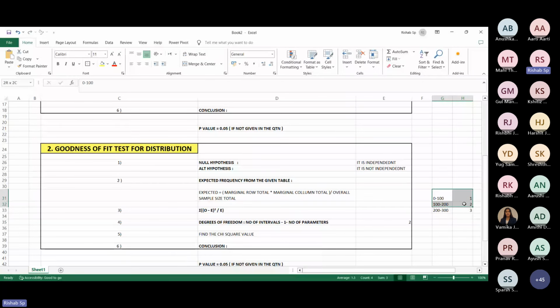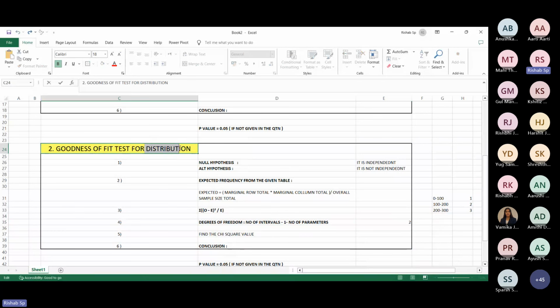Let's assume this is the observed data given to you. There are 3 intervals, so the number of intervals is 3 minus 1, where the 1 is part of the equation, minus the number of parameters. The number of parameters depends on which distribution is mentioned in the question. Let's assume the question says to find whether it is normally distributed using the goodness of fit test.